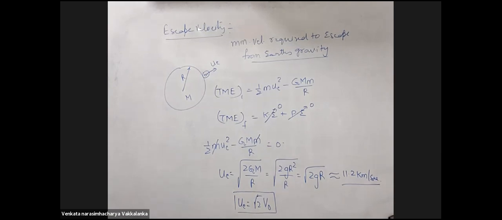Sir, I didn't understand why we took the final total energy, the kinetic energy and potential energy, as zero. You are sending the body to a place where it is not coming back again. So there is no force of attraction there. If there is no force of attraction, what will the potential energy be? Zero. Now you are sending it with minimum velocity from the surface of Earth.